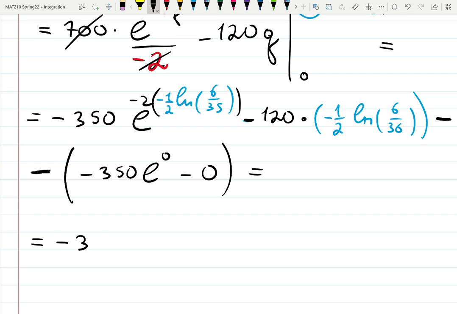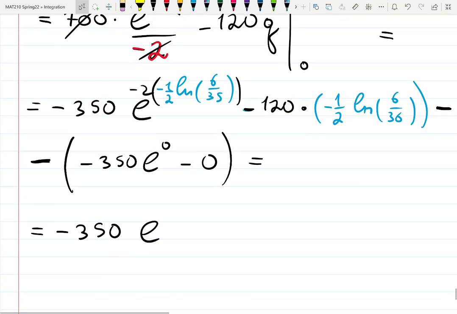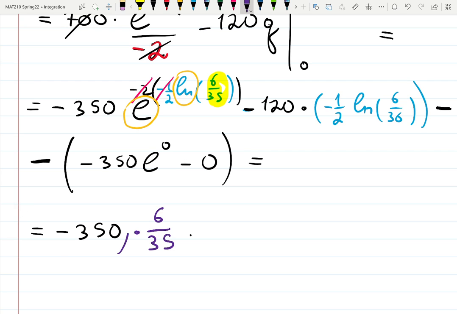It will be minus 350. Let's hope I'm not going to make a mistake because it's actually pretty interesting. Let's use another color. Minus 1/2 and minus 2 is just 1. But then ln undoes e, or e undoes ln, so there's going to be no e here. Now it's just going to be this number. See, that's why I like to have exact numbers plugged in. They actually simplify nicely, in this case at least.